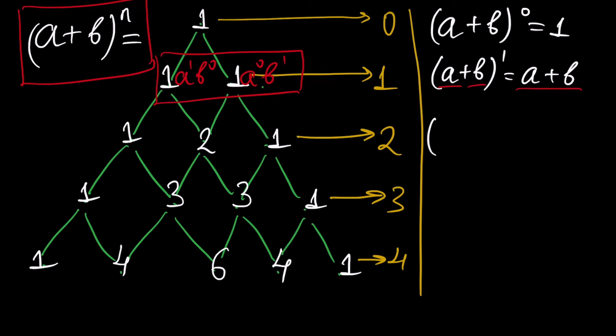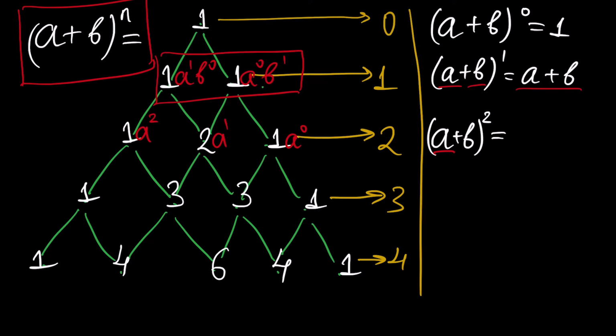Next, if we write (a + b) to the power 2, we take the first element of our expression and write it here in our triangle in the next way. We write a to the power 2, a to the power 1, and a to the power 0.